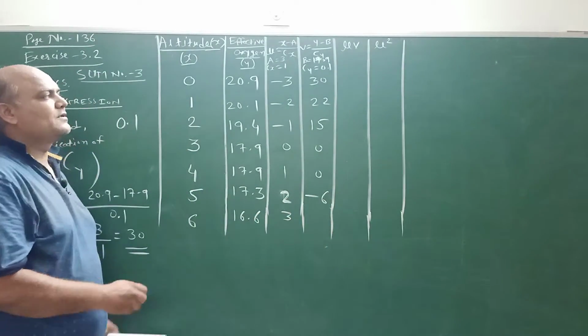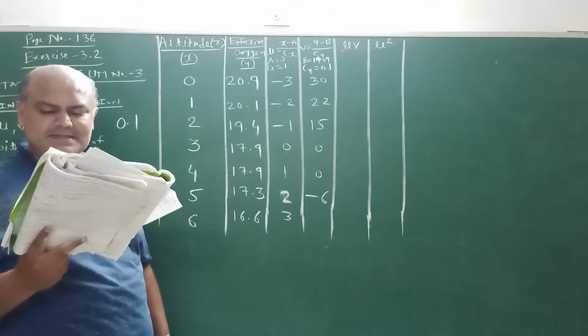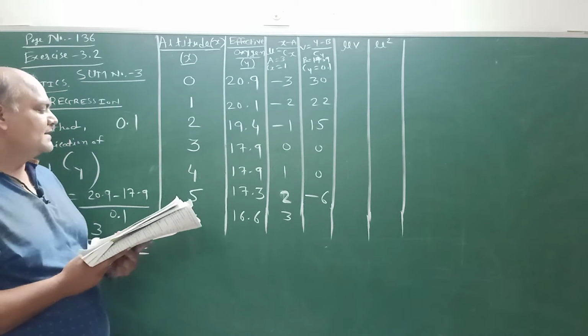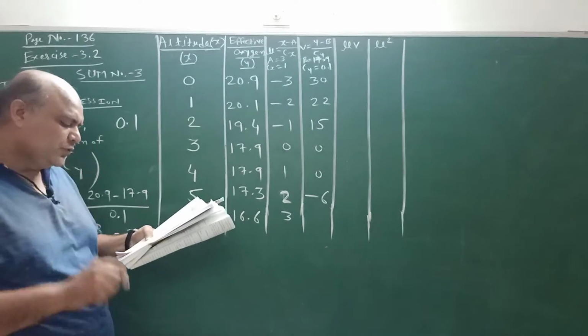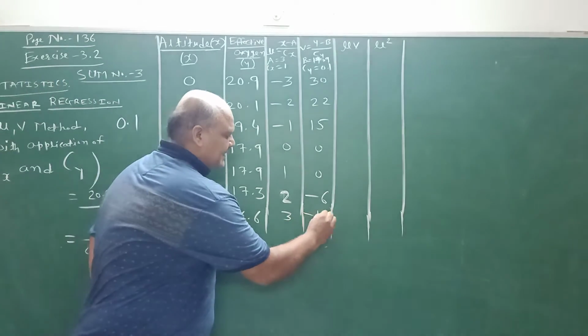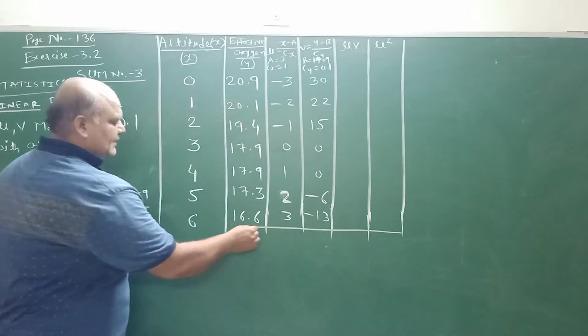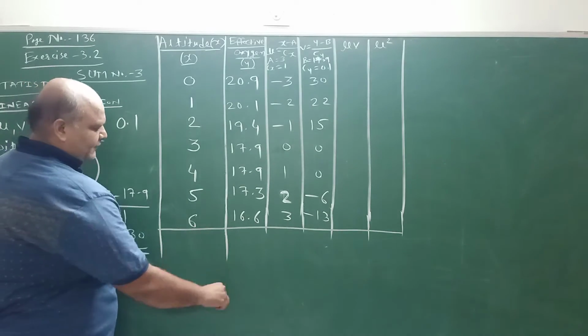Why minus? Because 17.3 is less than 17.9. 16.6 minus 17.9 upon 0.1, so we got minus 13. Here are the columns of u and v.